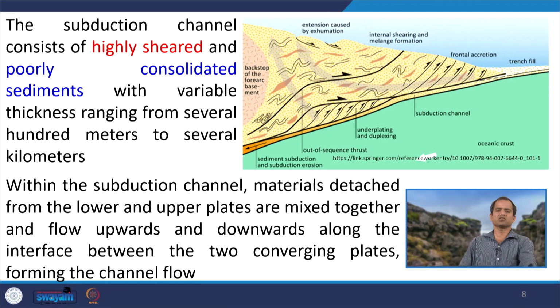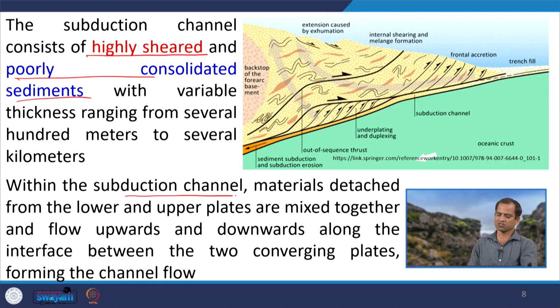This subduction channel consists of highly sheared and poorly consolidated sediment with variable thickness, ranging from several hundred meters to several kilometers. Within the subduction channel, material is detached from the lower part and, to the upper part, it is mixed together and flows upward and downward along the interface between the two converging plates, forming the channel flow.